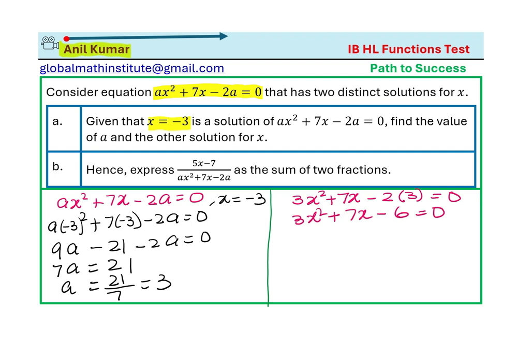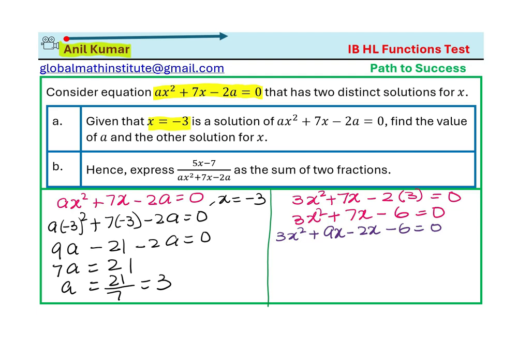So we are looking for two numbers whose product should be 3 times minus 6, which is minus 18, and the sum should be plus 7. So 6 times 3 will not work, but 9 times 2 will work, right? So we could split this as 3x squared plus 9x minus 2x minus 6 equals to 0.